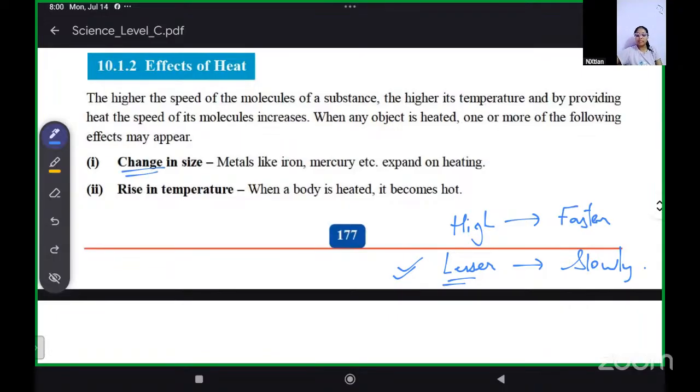When we heat metals like iron, mercury, and other metals, they expand on heating. Another change is rise in temperature. When a body is heated, it becomes hot. If we heat any vessel or an iron rod, it will become hot.